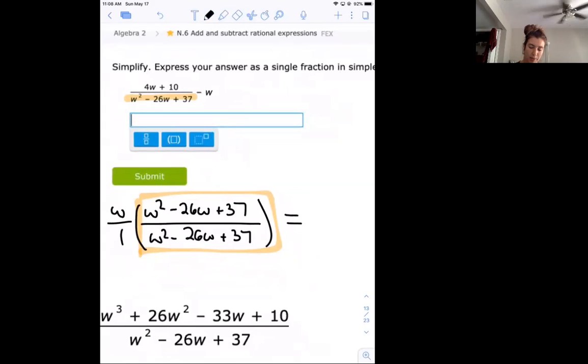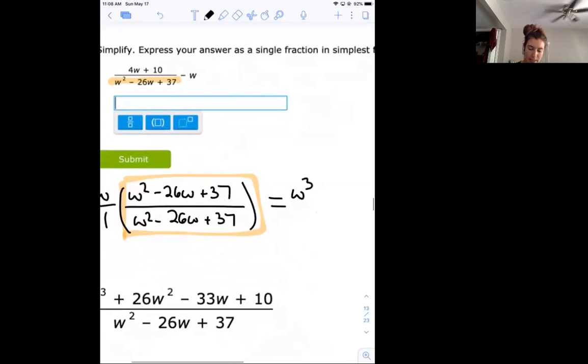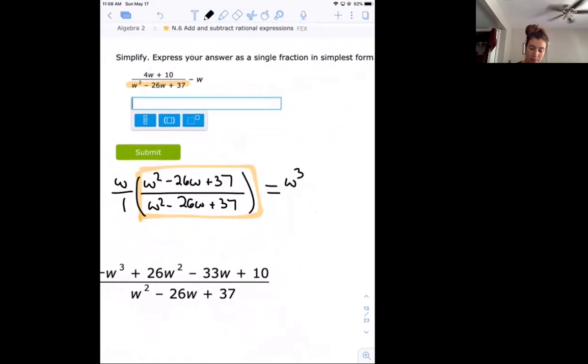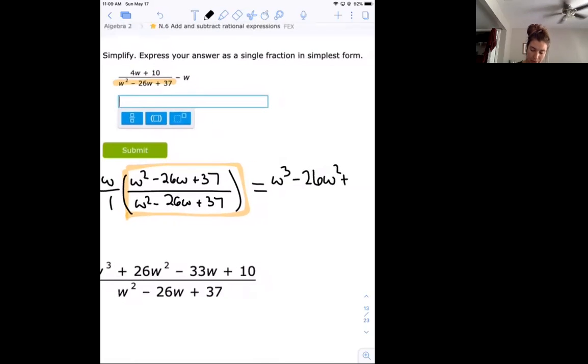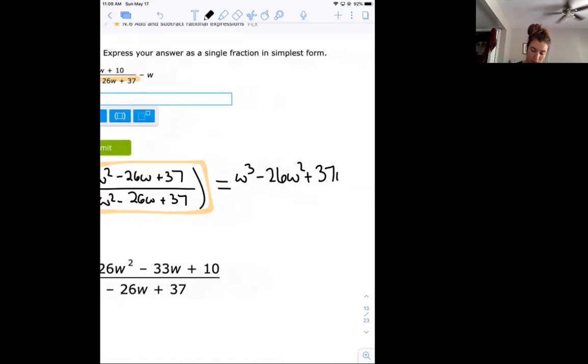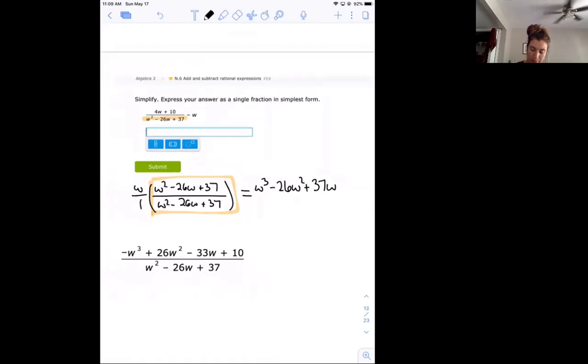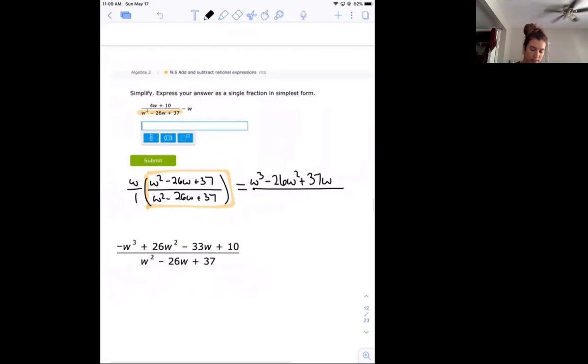So on the top, W times W squared is W cubed. Negative 26W times W is negative 26W squared. And then 30 plus 37W. Okay, that's the top, simple enough. And the bottom, all of that times 1, so that's just the same thing.